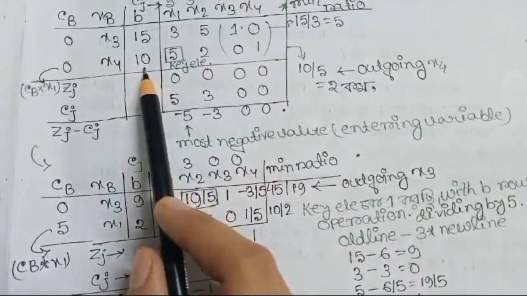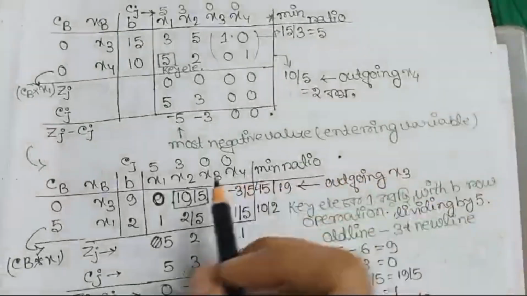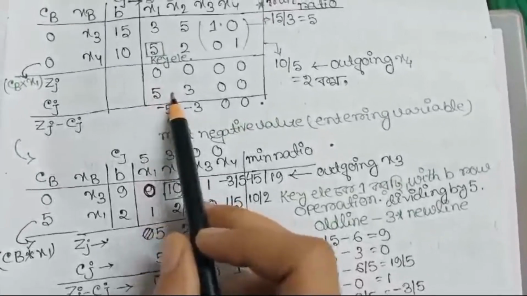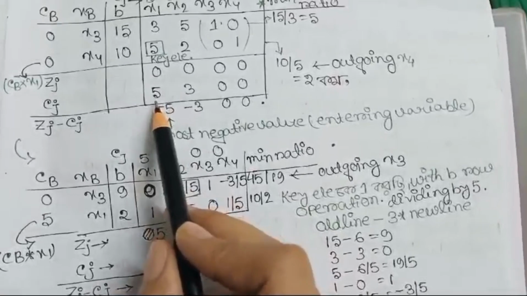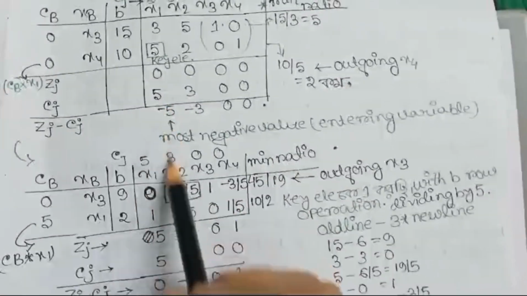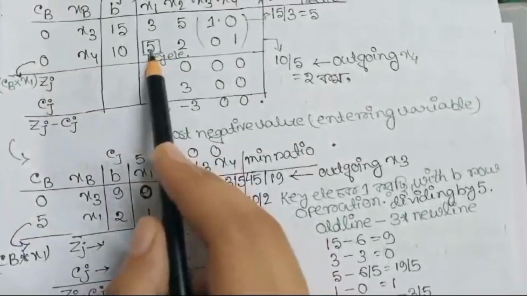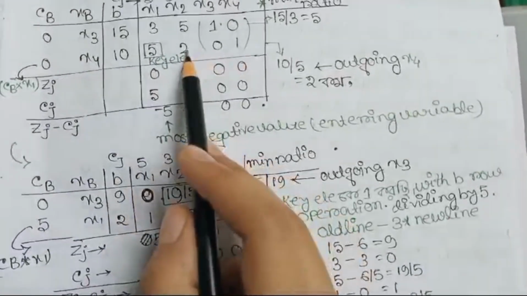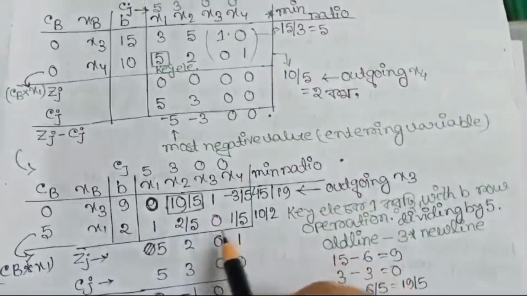So I'm sorry, if I do minus 5, it will be 0, not 1. So we have to divide 5 by 5. So 5 by 5 is 1, 10 by 5 is 2, 2 by 5 and 0 by 5 is 0, and 1 by 5.